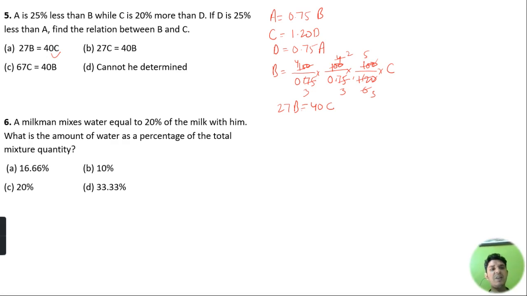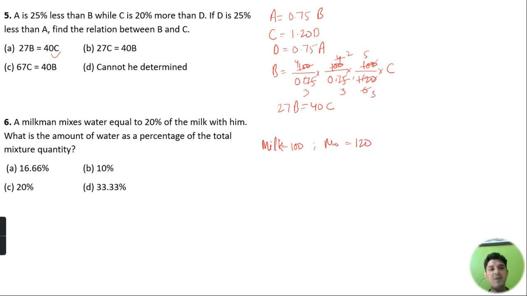Coming to the next question: a milkman mixes water equal to 20% of milk with him. What is the amount of water as a percent of the total mixture quantity? Students, simple. This question we have already understood in the class. Suppose the total milk earlier was 100%, and when water is included, the new quantity is 120, because 20% was added.